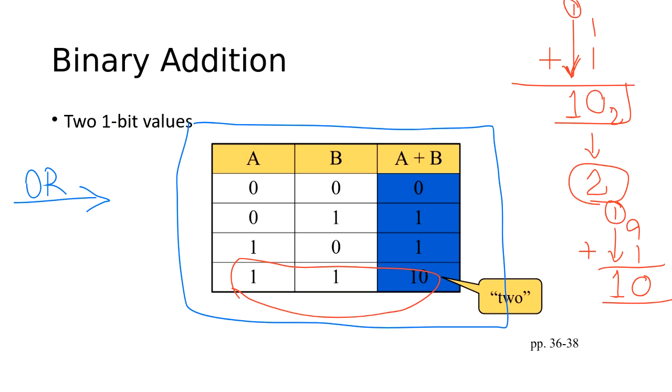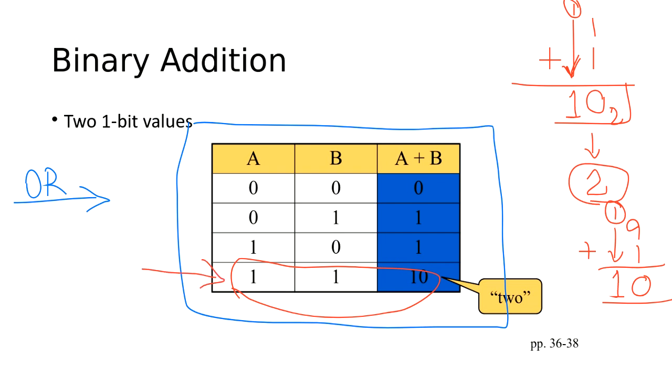Because in decimal there is no number higher than 9, if you add 1 to 9, it will be 0, and 1 carry will go on to the next stage, and it will become number 10. In binary there is no number higher than 1, so 1 plus 1 will become 0, and 1 carry will go on to the next stage, and it will become 10. So the same thing is shown in the last row: 1 plus 1 is actually 10.